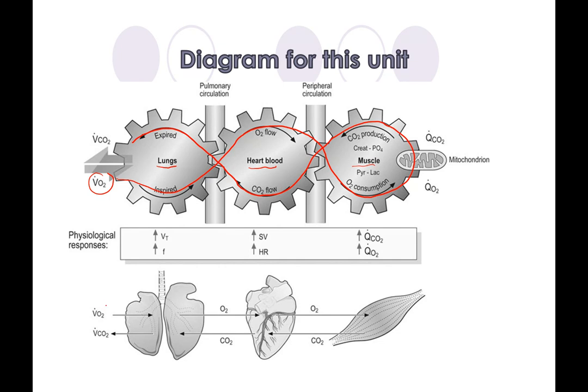It's a little bit simpler. We've got our oxygen. It comes in through our lungs. Our heart pumps it through to the muscles. The muscles then use it in cell respiration. That carbonated blood then goes back through the heart to the lungs, and it's breathed out. Both of these are showing the same thing, and that's the process we're going to be looking at: how do we breathe in and out.